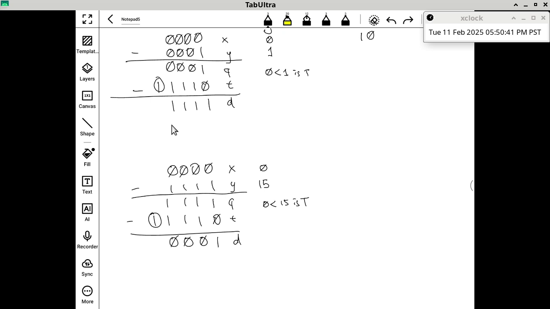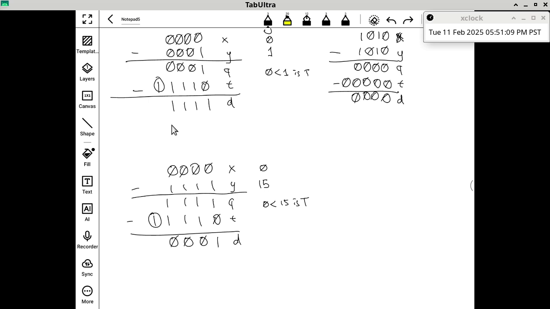We look at the boundary case first, which is when they are the same. So we have 1, 0, 1, 0 minus 1, 0, 1, 0. Now this one is not very exciting. I think all of you know the answer already, but we're going to go through it anyway. This is x, this is y, this is q, t, and d. So that's all 0s.